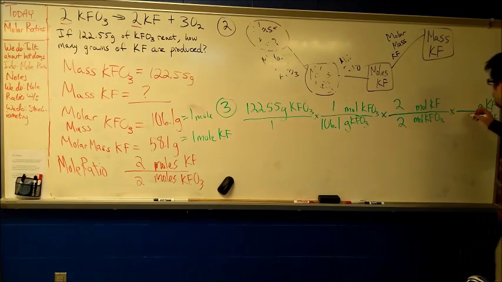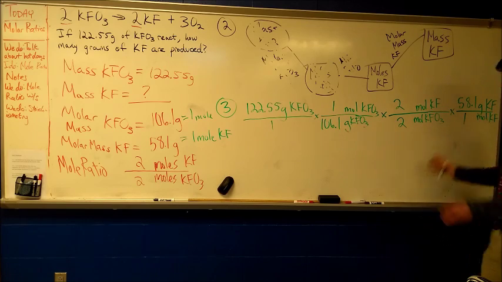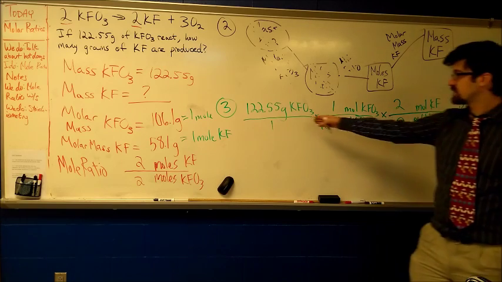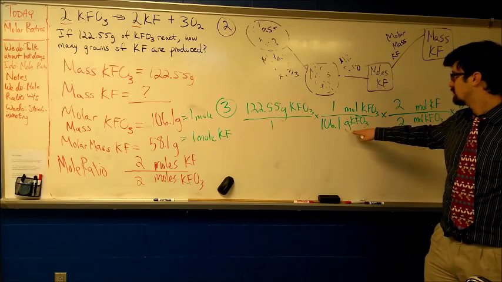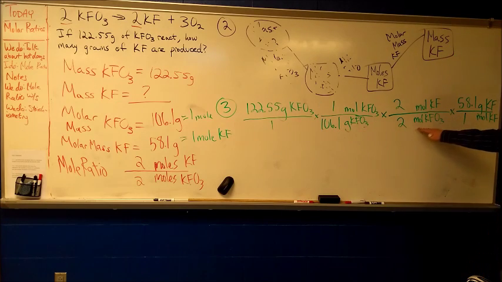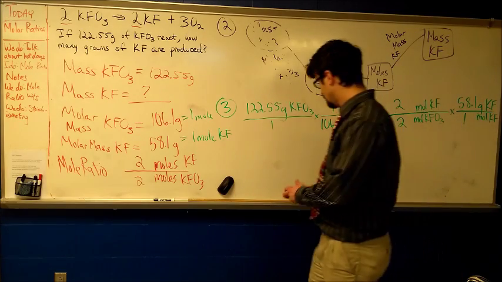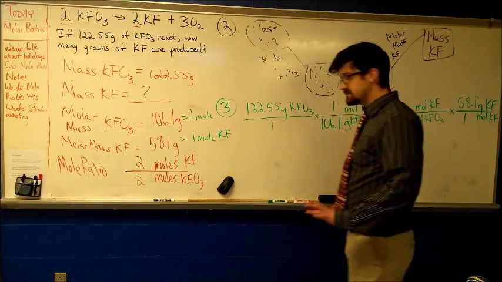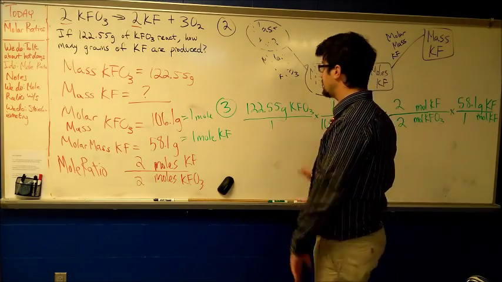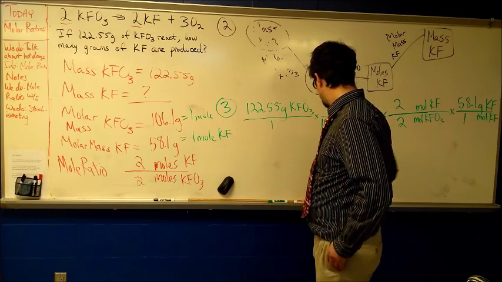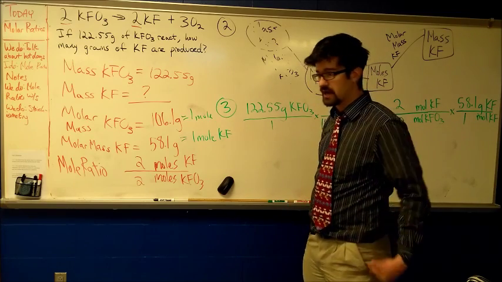So I'm going to put the 1 on the bottom and 58.1 on top. And that is our conversions. We have one conversion, 2 conversions, and 3 conversions. Okay? So that was the most difficult part. Now we need to do the math.